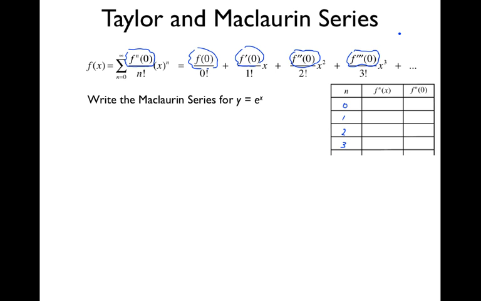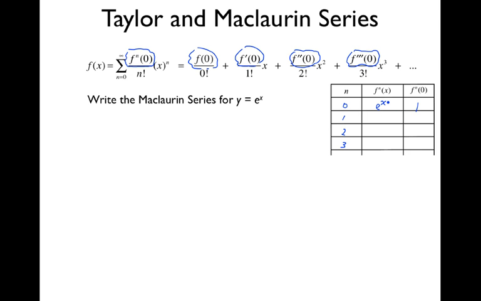Okay, so the 0th derivative of a function is the function. So when n equals 0, you're talking about f of x, e to the x. Okay, so now we want to evaluate that at 0. What do we get? Evaluate the function at x equals 0: 1. Okay, so now this is the first derivative.